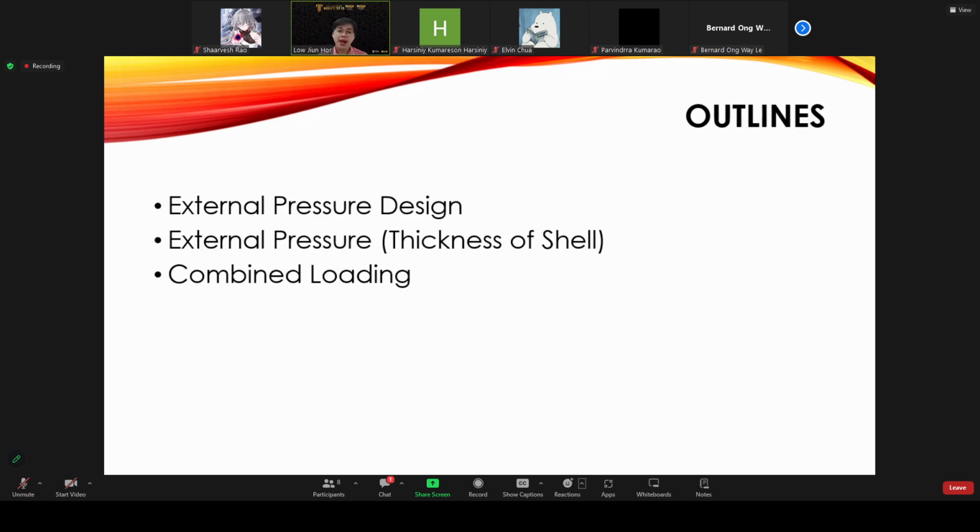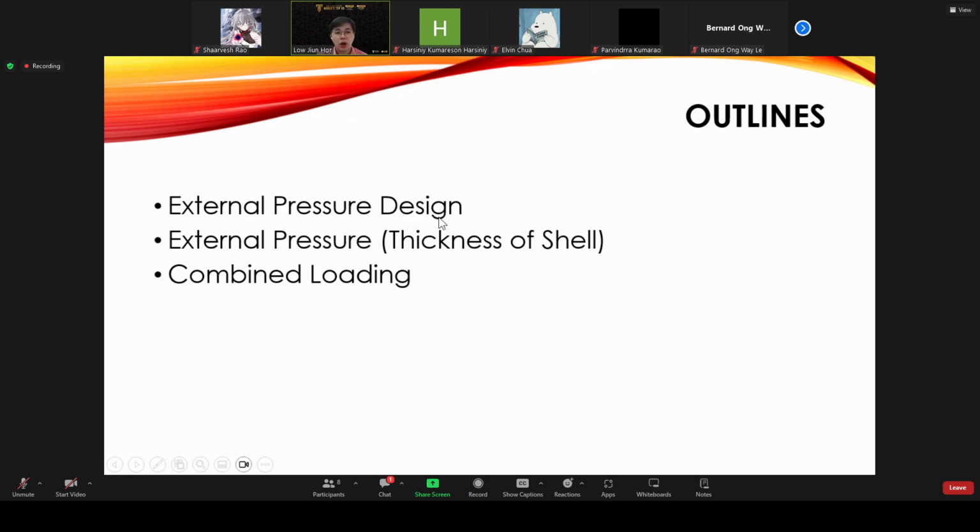First, I will share several common and different designs that we normally apply in industry to make sure the pressure vessel is strong enough to support the external pressure. After that, I will show you the equations we normally apply to calculate and identify the thickness for the shell of our pressure vessel to support the external pressure.